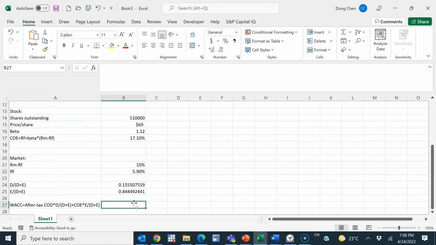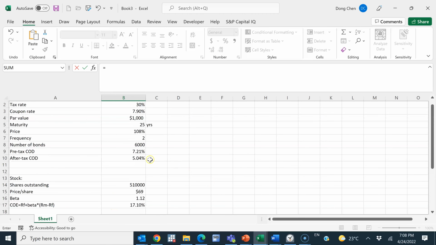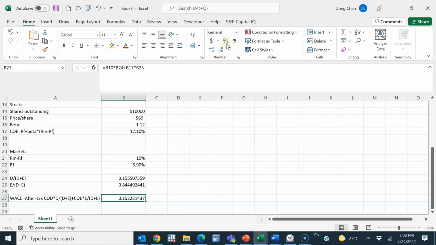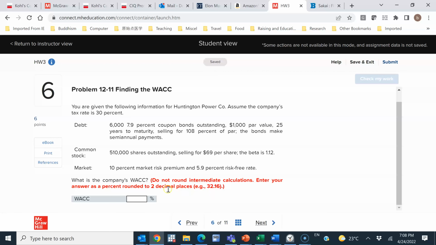And since I have every input ready to calculate the WACC, I can just plug in the numbers directly. So after-tax cost of debt is this cell reference times D over D plus E, plus COE, this cell reference, times E over D plus E. Now for the final step, I do need to worry about the number of decimal places because the question asks me to keep 2 decimal places and as a percent.